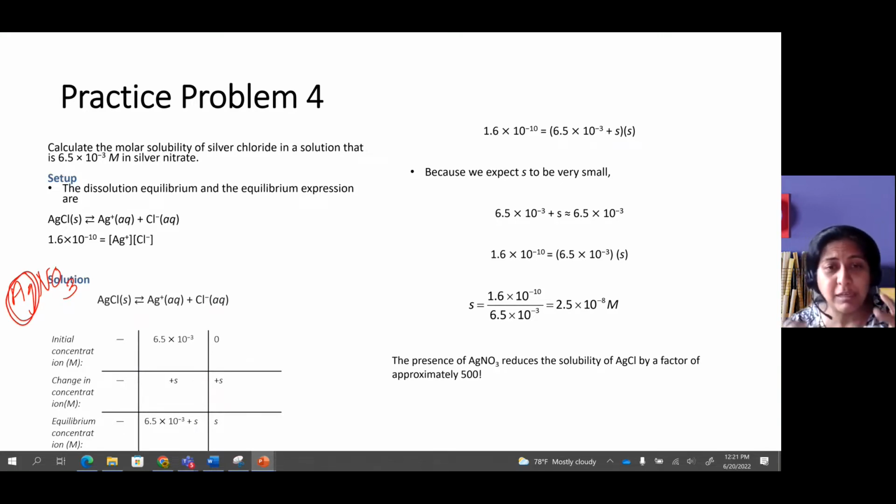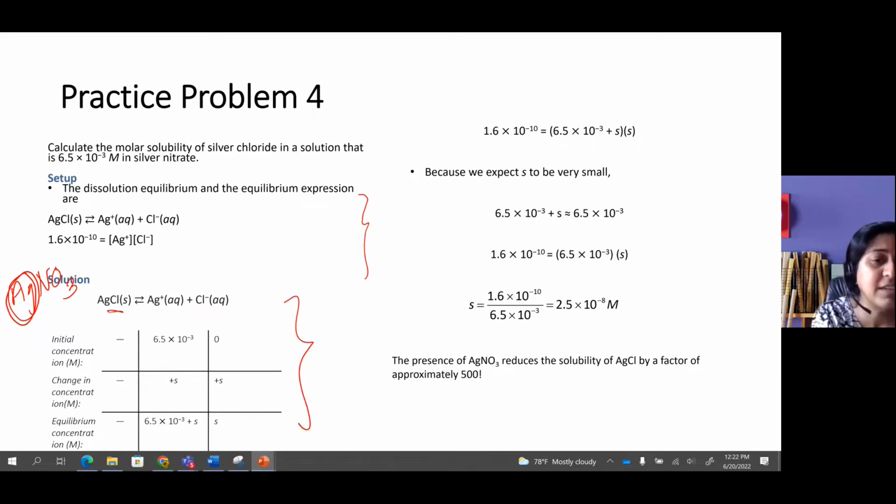So the silver plus concentration will come from the silver nitrate and also from the dissociation of silver chloride. You write the Ksp, which equals the concentration of silver plus multiplied by the concentration of chloride ions. Then we construct this ICE table.